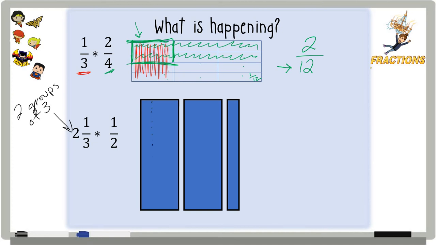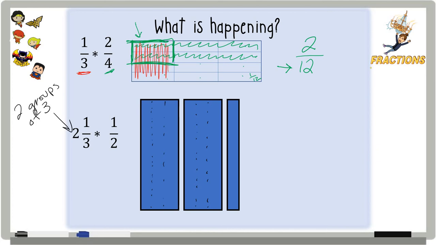So we broke them down into thirds. That's a really bad dotted line, but I'm trying my best here. Okay, so right now, if I was looking at this, I have 2 full groups of thirds and then 1/3 left over.